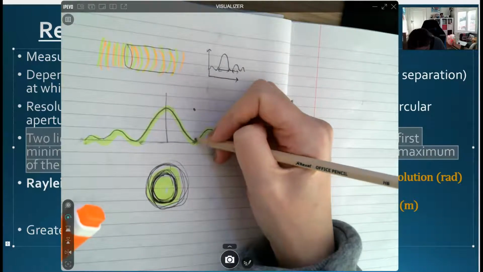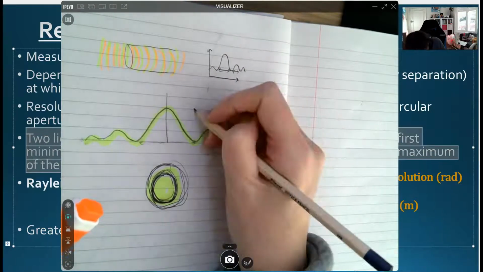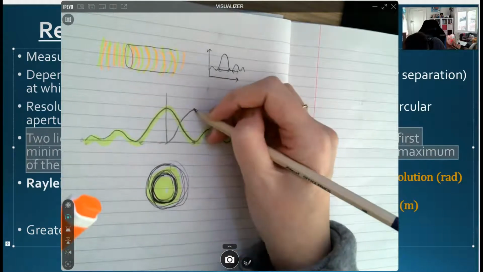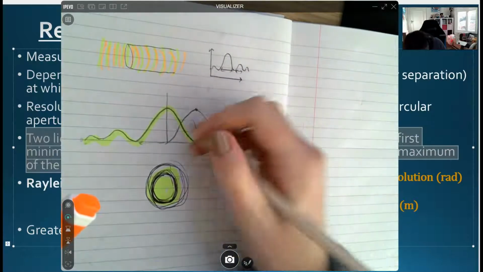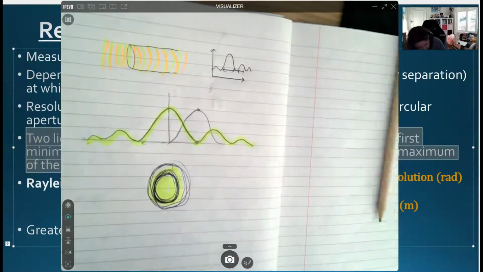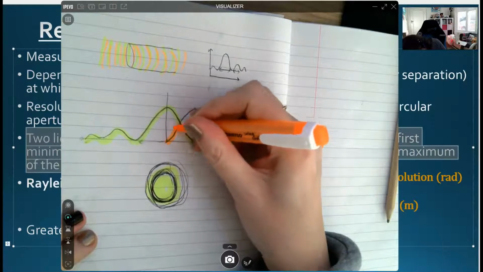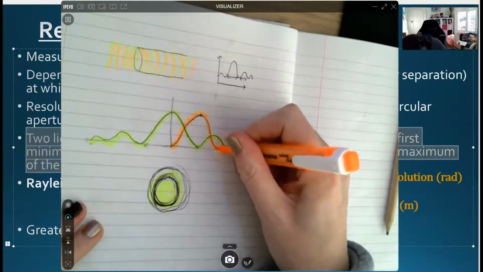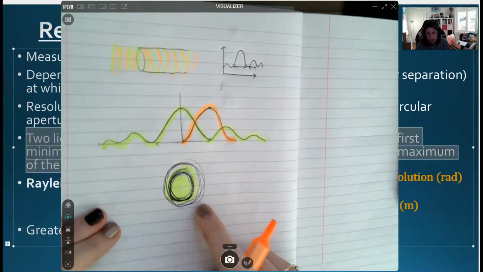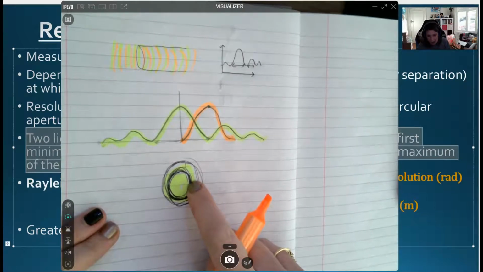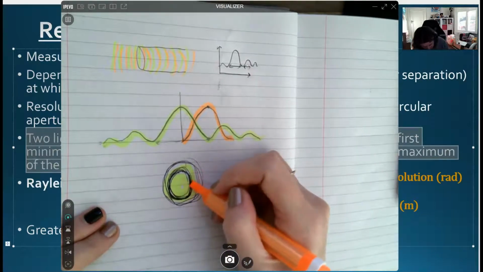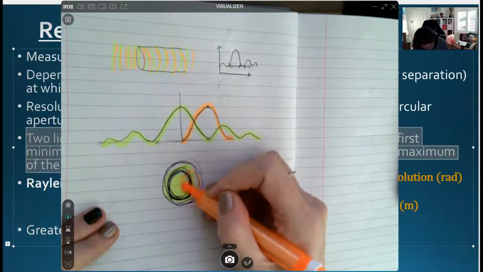So here, minimum, so you get your maximum here, and then comes down, and then you get your other patterns. It's hard to draw the whole pattern, but you can see they coincide. Basically the center of your maximum is where this minimum is, so it's like there.